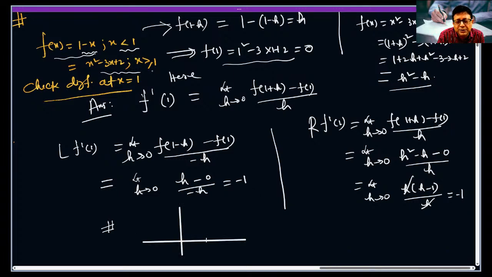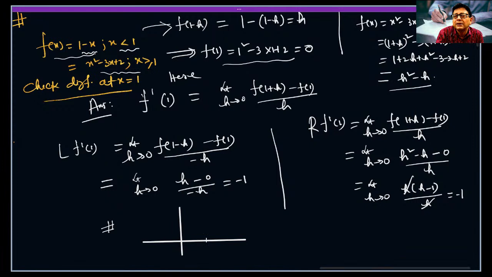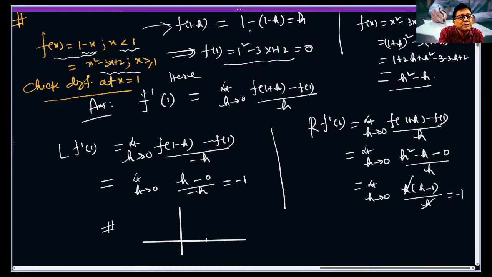Just the point, you take 1 over there, and before 1 the slope is minus 1. The graph, because it is less than 1 now, we will be taking the graph in this manner. Its slope is minus 1. Wait a minute.